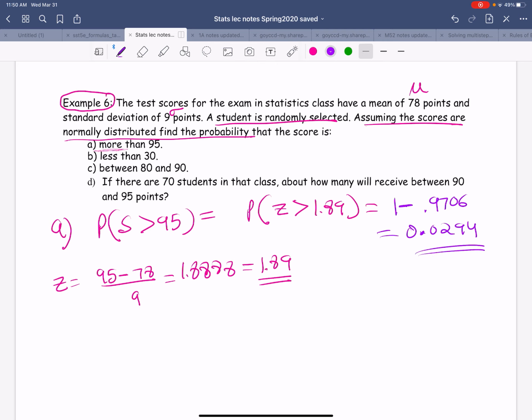So we can say the probability of randomly selecting a student who scored more than 95 is about 2.9%, or about 3% probability. Low chances that you randomly select such a student.